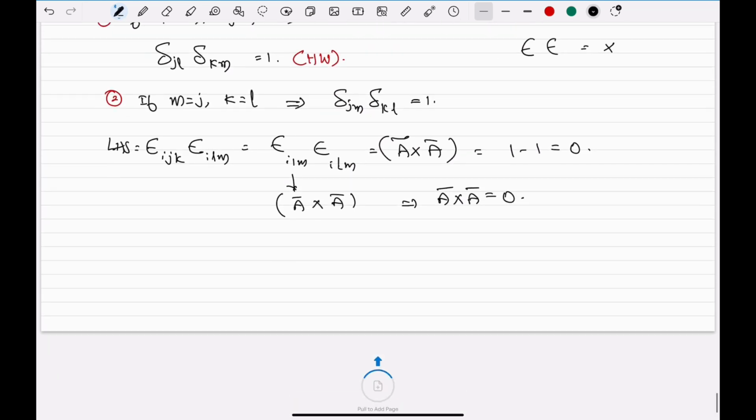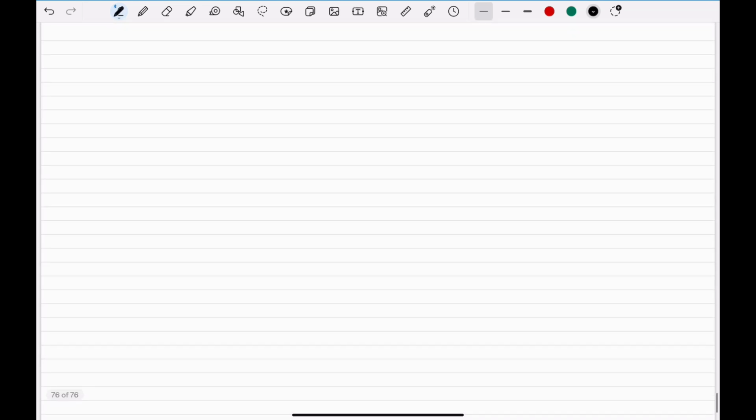Now, using the above relation, let us try to write what is A cross B cross C. Please try to write A cross B cross C. Cross means we have to use epsilon.